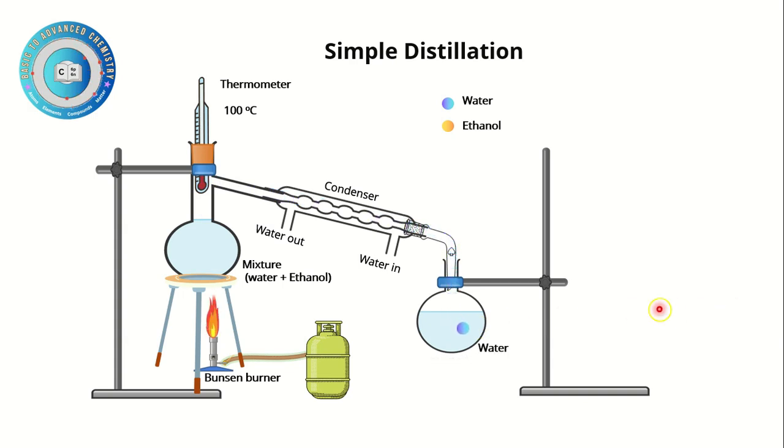So the principle is based on the boiling point difference of the components of the mixture. Ethanol has a lower boiling point, 78 degrees centigrade, whereas water has a higher boiling point, 100 degrees centigrade. So ethanol vaporizes first and enters the condenser, there condenses back to liquid and is collected into this receiving flask.